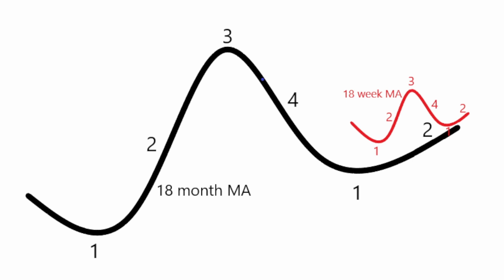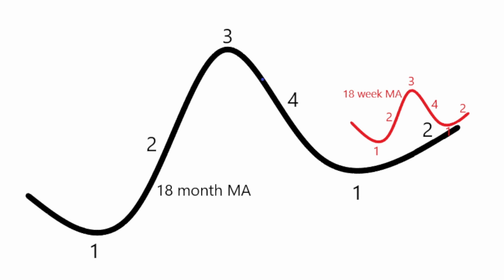So the red is showing the 1, 2, 3, 4, 1, 2, meaning we make a bottom, we have an uptrend, we make a topping pattern, then we go through a downtrend. But that downtrend, that 4, is actually taking place while the larger time frame is turning to the upside.